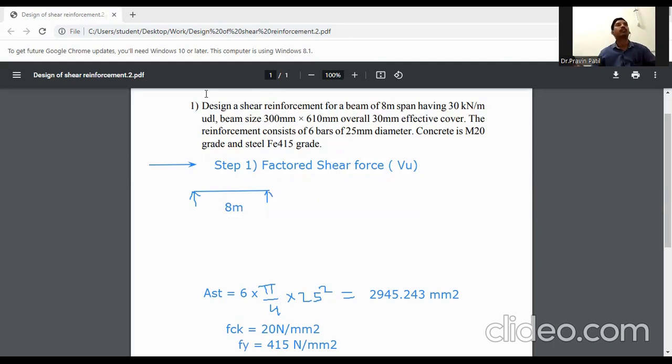And UDL load it is acting on that beam. That loading it is 30 kilonewton per meter. Total span it is 8 meter.